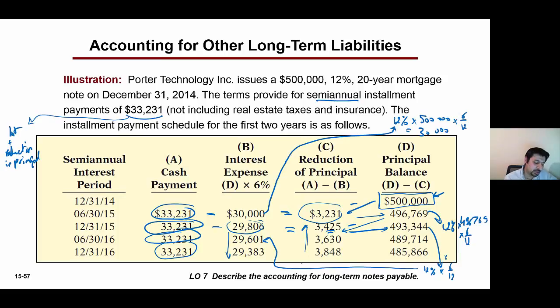This is why, if you buy a house and sell it after a short period of time, you will basically lose more, because at that point you would be mostly paying the interest expense and your principal would not have decreased significantly. But with time, the reduction of principal will keep increasing, to the point where at the end of the installments, you would have paid all the principal.